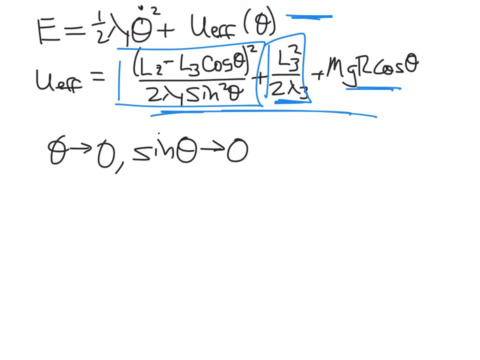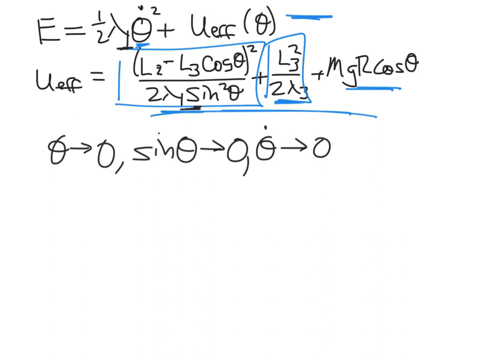Well, in order for the system to conserve total energy, that means that the velocity along the theta direction, theta dot, has to go down. So as theta gets small, this term blows up. In order to conserve total energy, this term has to go down. So that means that theta dot will go to 0. In other words, as theta approaches some minimum value, theta dot will approach a smaller and smaller number, eventually reaching 0.